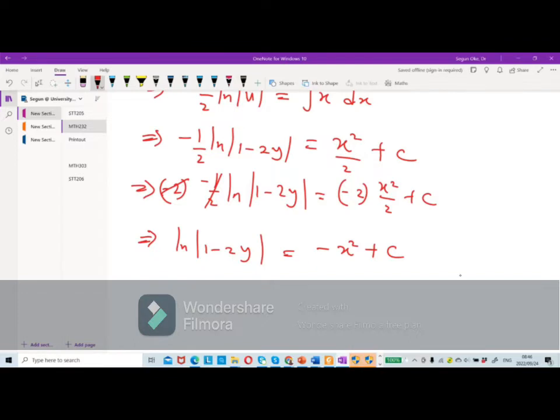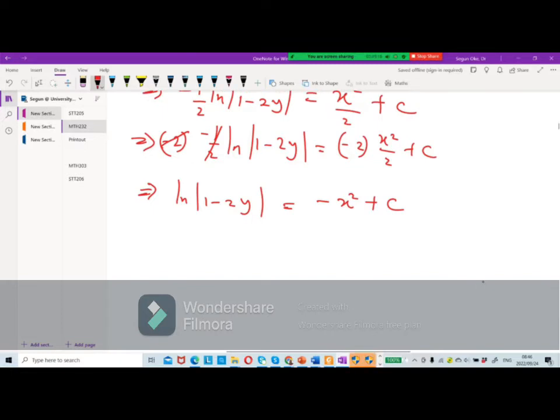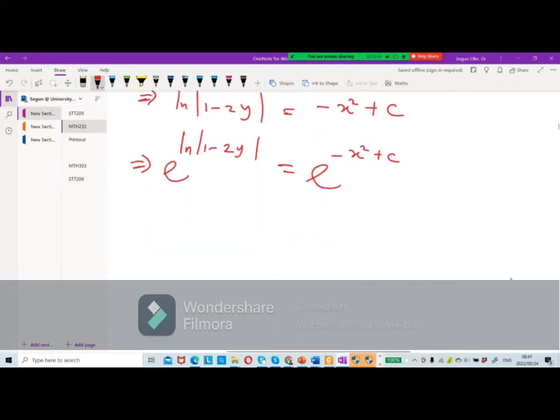So in this case now, we need to have y. We are solving for y. Take the exponential of both sides. You have exponential of ln 1 minus 2y equals exponential of minus x squared plus c. So at the end of the day, I have 1 minus 2y equals exponential minus x squared.